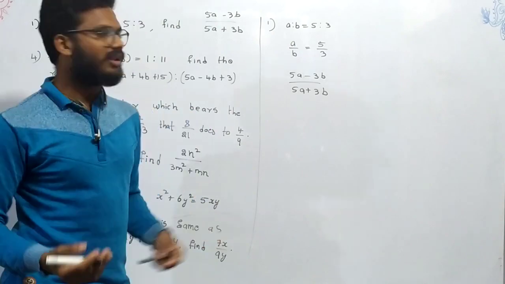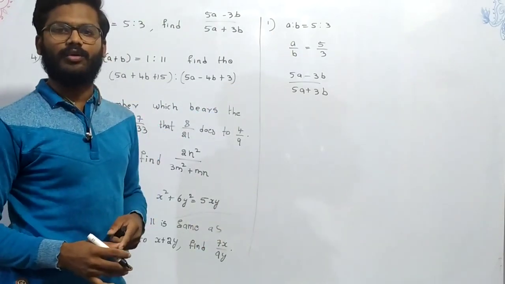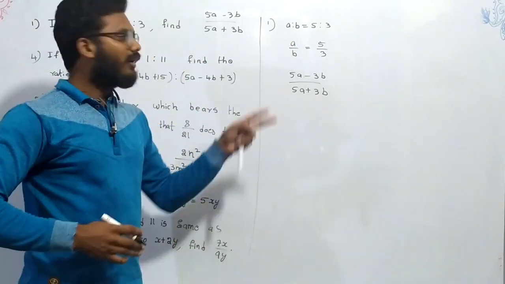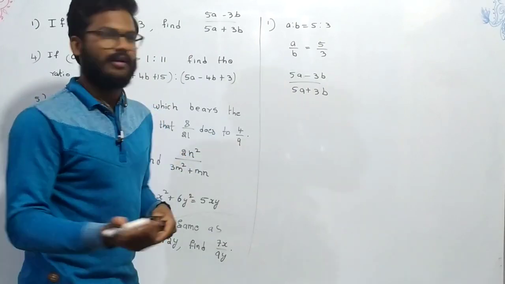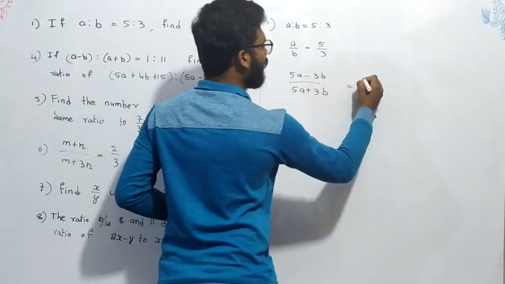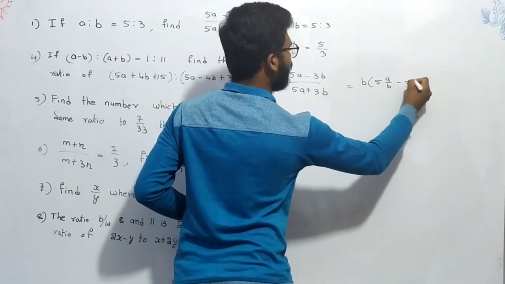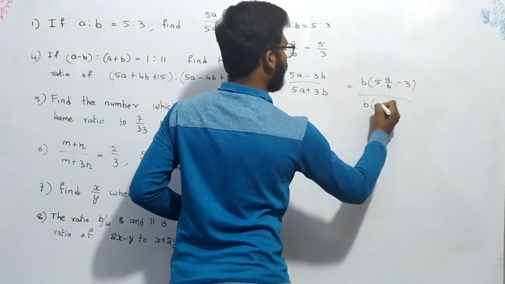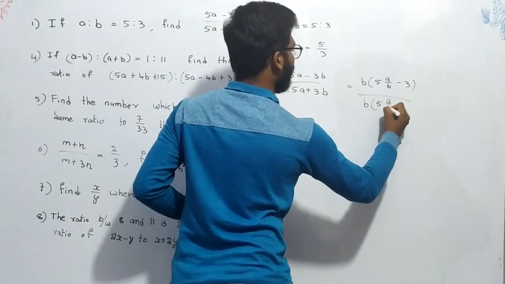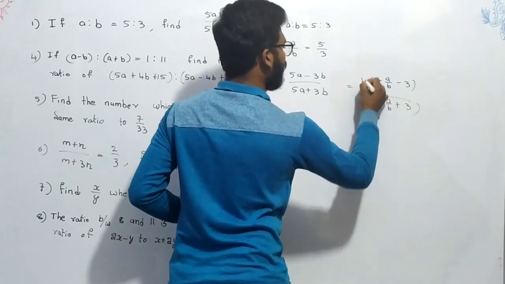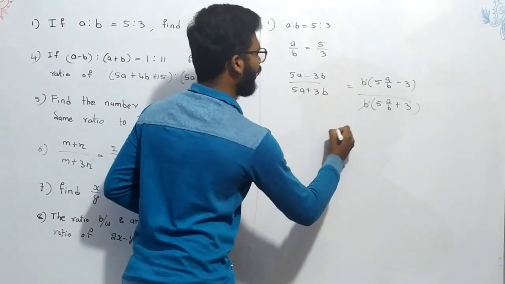We know the value of A by B, so we have to make it in the form of A by B. If you take B common from the numerator, 5 into A by B minus 3, by, again in the denominator, 5 into A by B plus 3. So B will get cancelled. We know the A by B value, right?